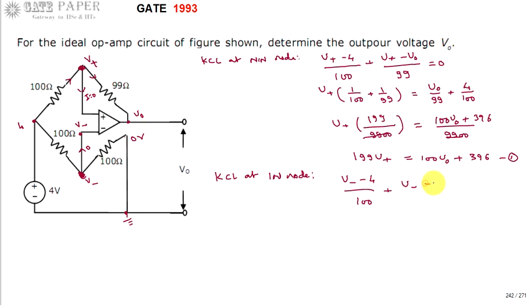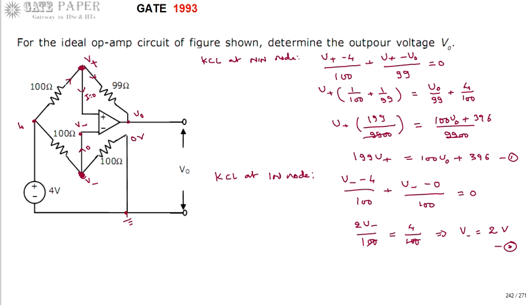So (V minus minus 0) divided by 100 is equal to 0. You can write this as 2 V minus by 100 is equal to 4 by 100. The 100 gets canceled, so V minus is equal to 2 volts. This is the second equation.